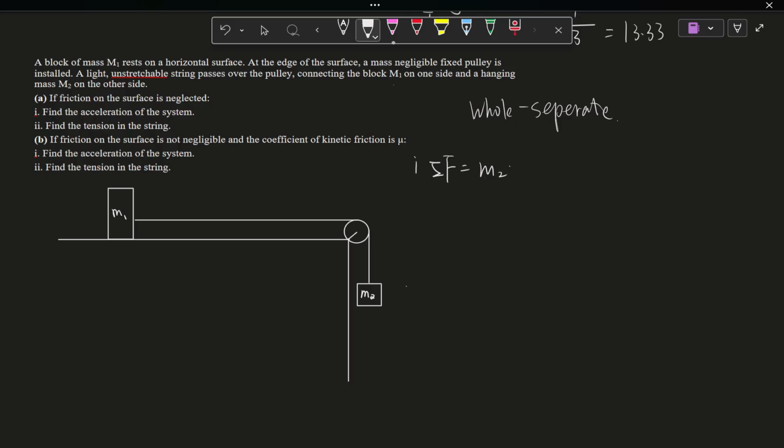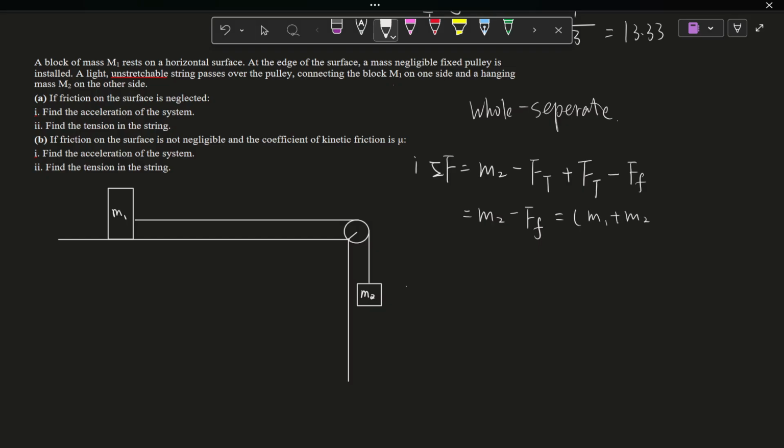So we can write m2g minus Ft plus Ft minus Ff. We can simplify first, which is equal to m2g minus Ff, and it's equal to m1 plus m2 times the acceleration.